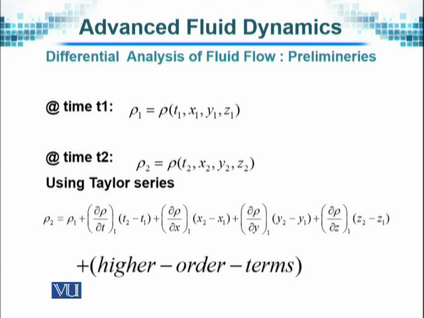It will be rho 1 plus the partial derivative of density rho with respect to t at time t1 into t2 minus t1. And similarly, we write the second term, the third term, and the fourth term.